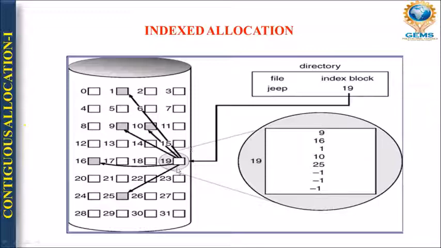See here, 19 is also associated with 1, 9, 10, 16, 26. Here we are using a negative value for the end of the file, right? For the end of the file we normally use -1, because 0 is used for some block number, that's why we use -1.